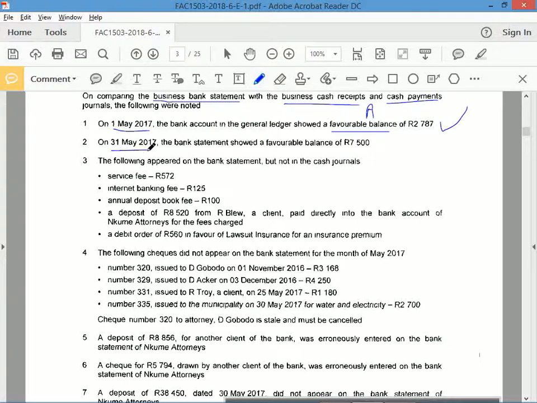On 31st May, the bank statement showed a favorable bank balance. Remember we spoke about this when we covered the theory. Do you like seeing debits on your bank statement? No, no one likes a debit order. So just remember that. Now you know that a credit is good on the bank statement. So if it's a favorable bank balance, it's a credit balance.